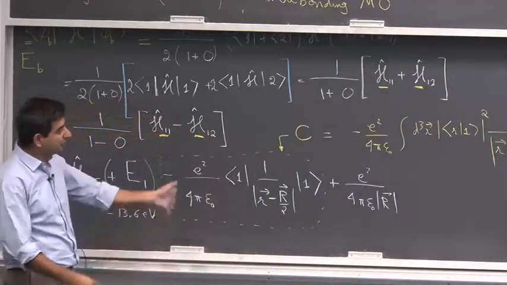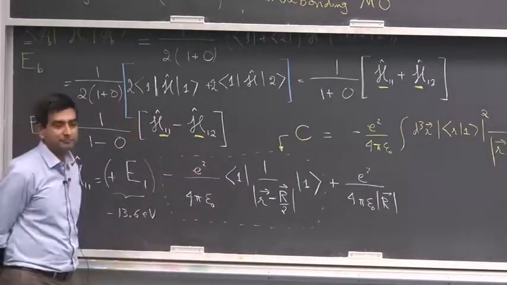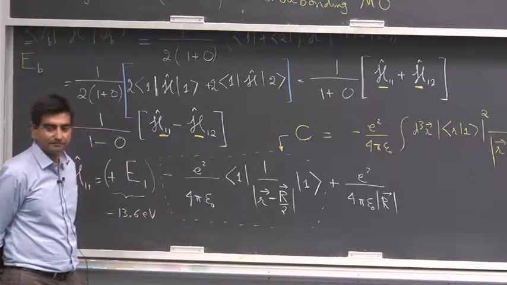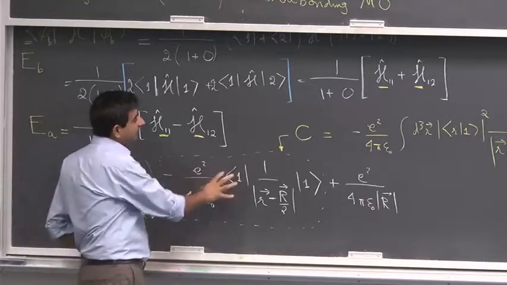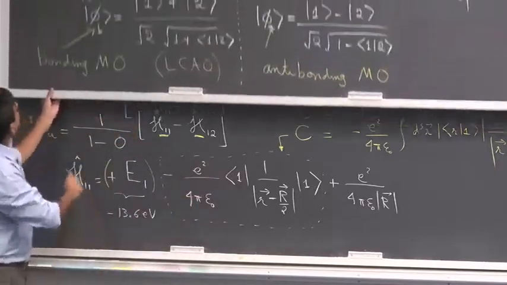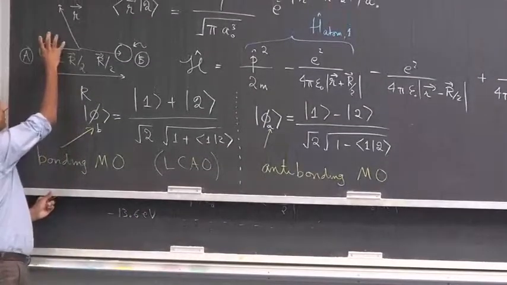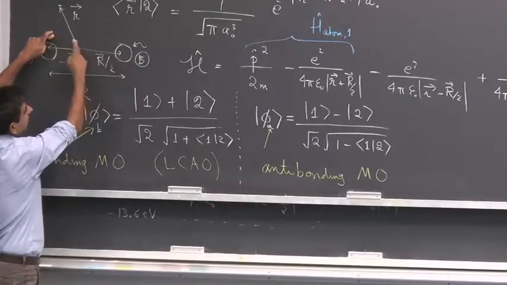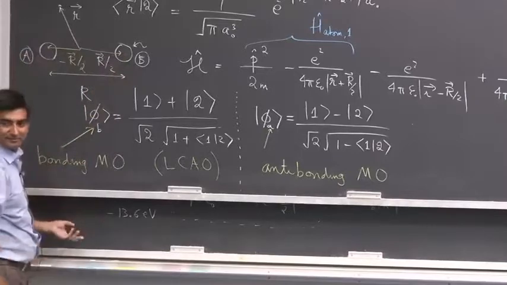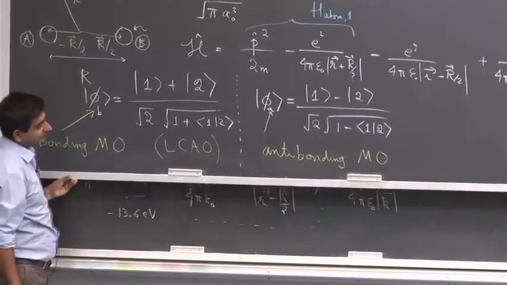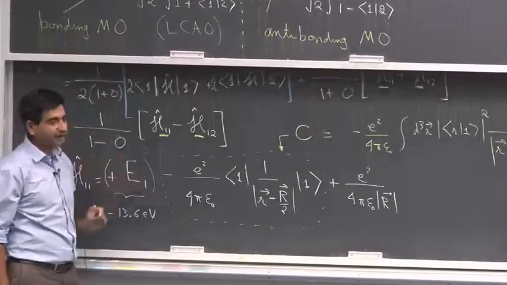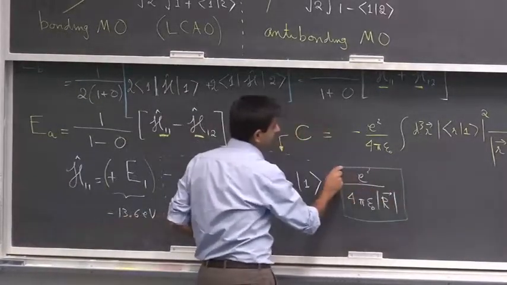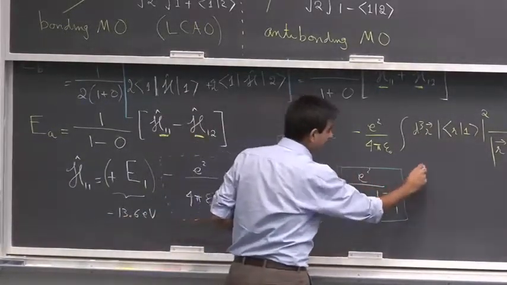If you would like to compute this term, this is what you need to do. It shows the attraction of an electron that's attached to this nucleus but is seeing an attraction from the other nucleus. And it's negative, so it's an attraction. The last term represents a positive term. Let's call it, say, some F.